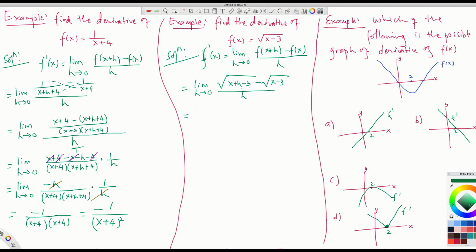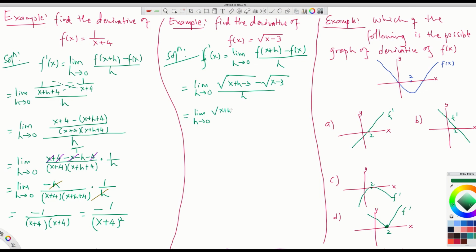Look at here. Since there is a root, we cannot simplify like what we did here. We were trying to combine the two fractions, but this is in the root form, right? Do you remember what we do if there is a root? You're right, we do the conjugate multiplication. Okay, so let me write what we have here.